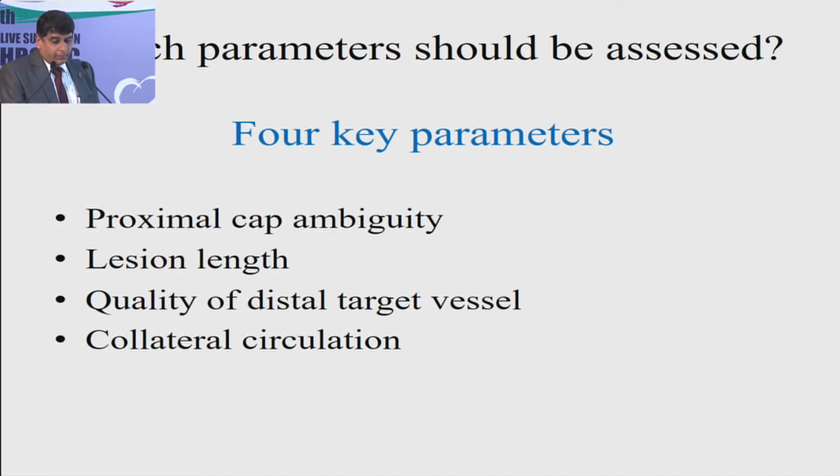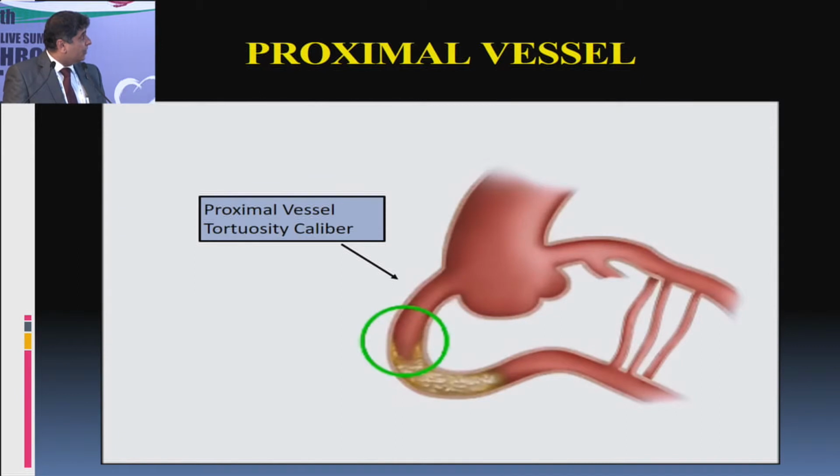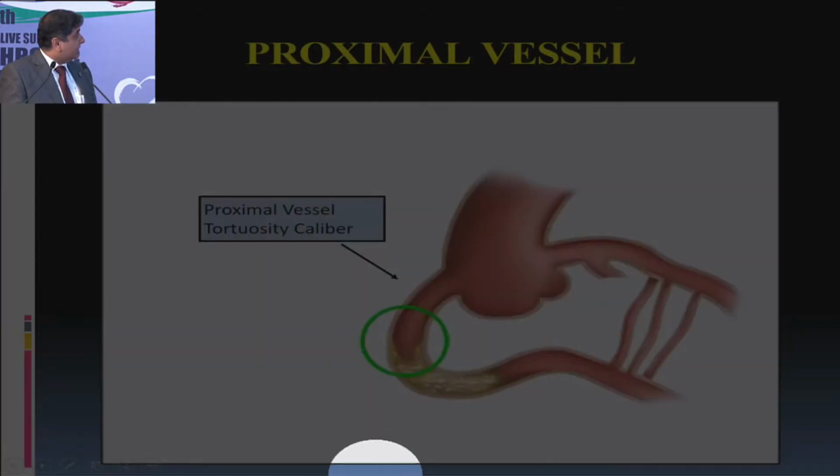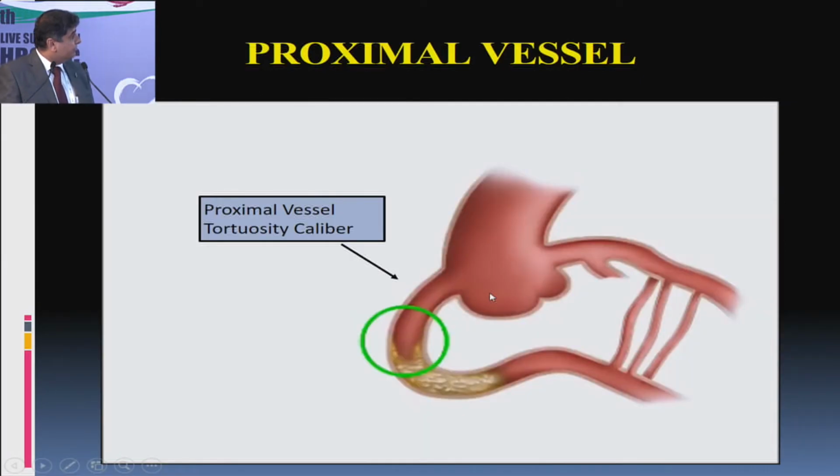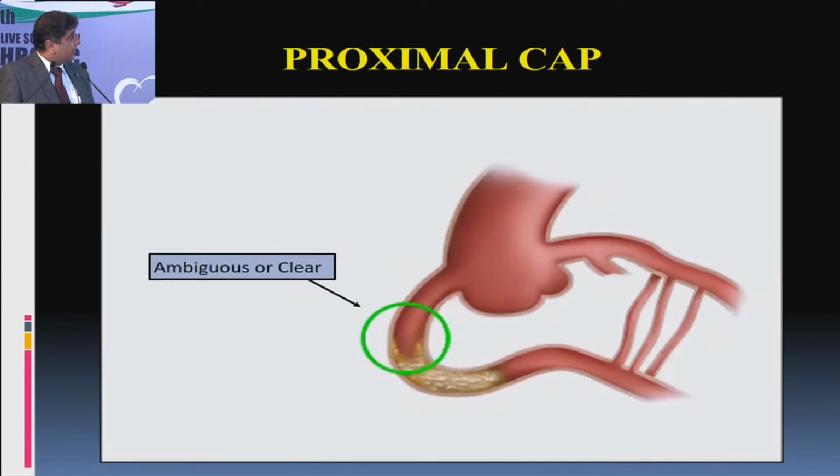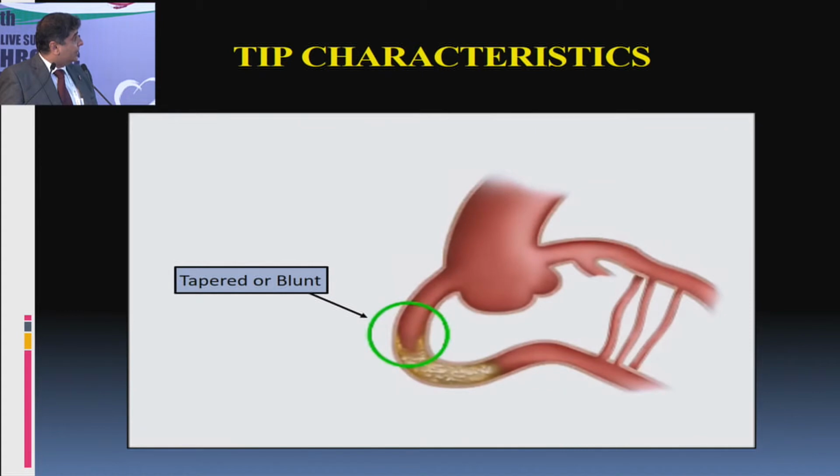Four key parameters are to be assessed in an angiogram: the proximal cap ambiguity, the lesion length, quality of the distal target vessel, and the collateral circulation. These are the four basic parameters one needs to look into in an angiogram. Obviously, the proximal vessel caliber will also help guide what sort of guide support one can expect, and whether the proximal cap is clear, and the tip characteristics, whether it's tapered or blunt.